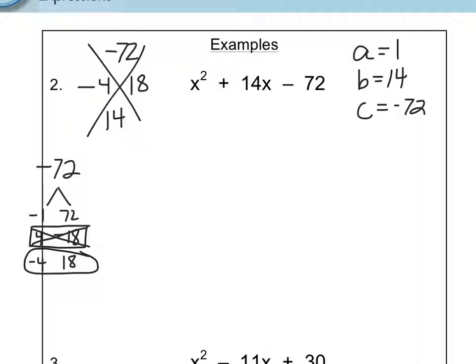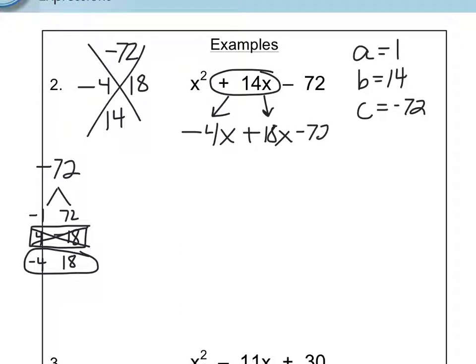Okay, so again, I'm going to take this middle term and we're going to separate it. So it's going to be negative 4x and positive 18x. Bring down the negative 72, bring down the x squared.